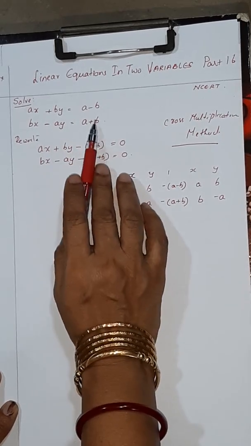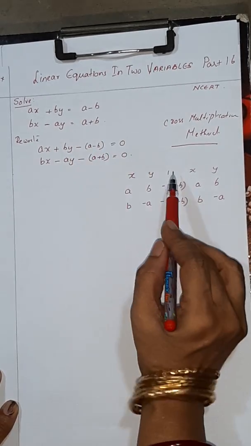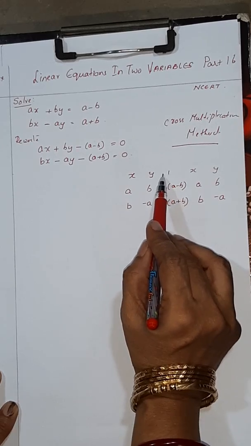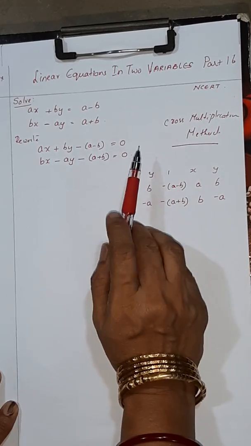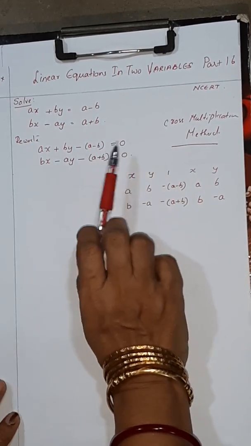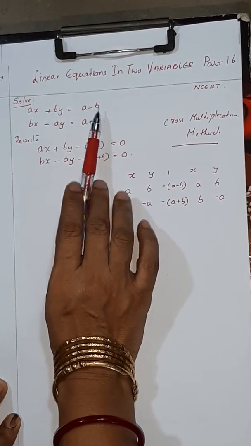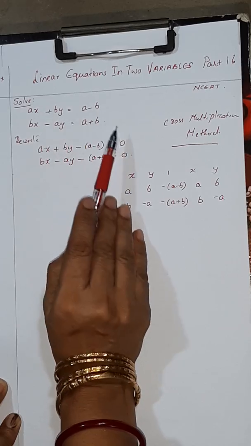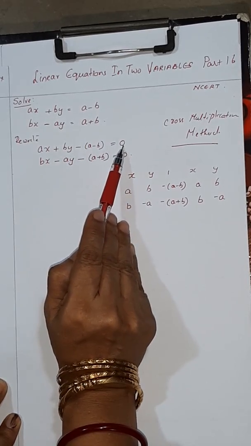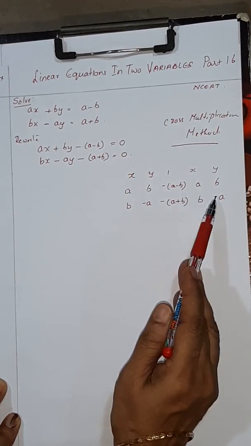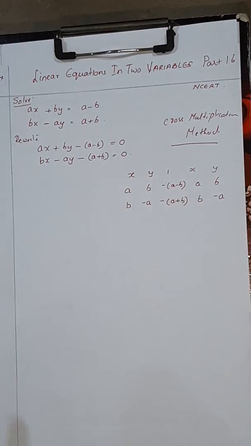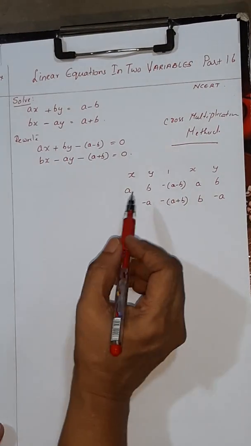You can always bring the constant from the right hand side to the left hand side, make the right hand side equal to 0, and then use the same method, so that you don't get confused during your exam.